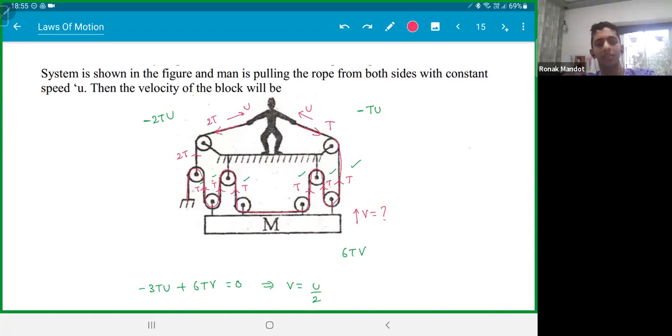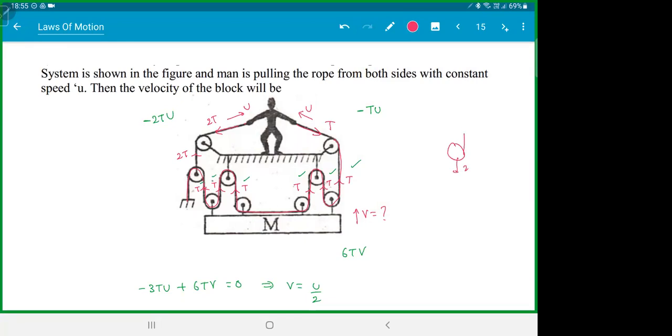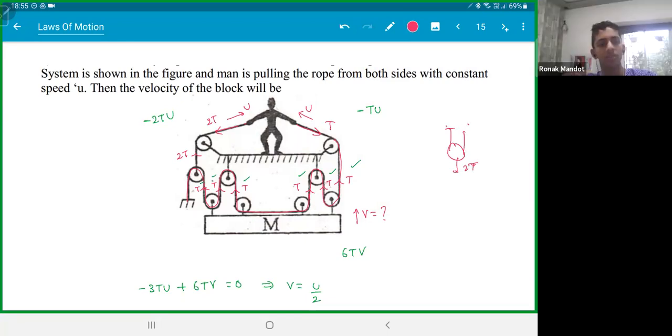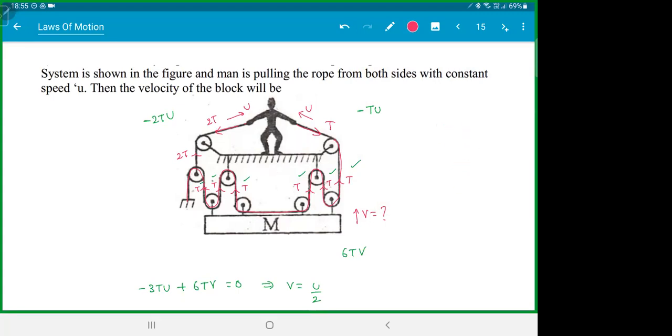Isn't that the same 2T there? How did you get 2T there? Because this was T and T. That only you're calling 2T, right? Okay, sir. You can do that. You are saying I'll find tension in this part, right? I am saying that the pulley and this part is only one part. So at the end of the day, we are talking about the same 2T. All clear with this? The main thing is to figure out the tensions properly.